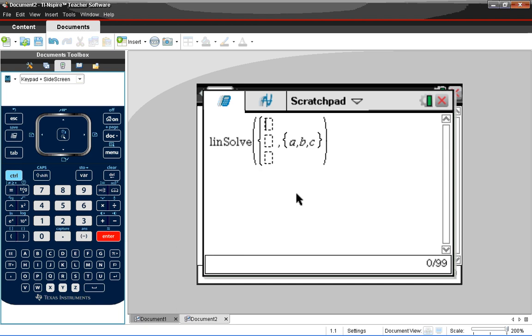All right, so I've got c equals -8. I have 4a plus 2b plus c equals 0.